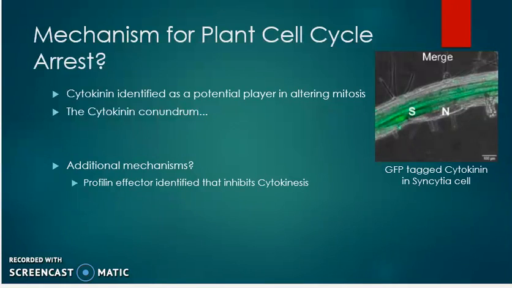Studies investigating gene expression in giant cell and syncytia formation found high concentrations of cytokinin being expressed in both giant cells and syncytia. This was confusing at first because the phytohormone cytokinin has long been known to promote cell cycle progression, specifically aiding the transition from G2 to M and G1 to S phases.